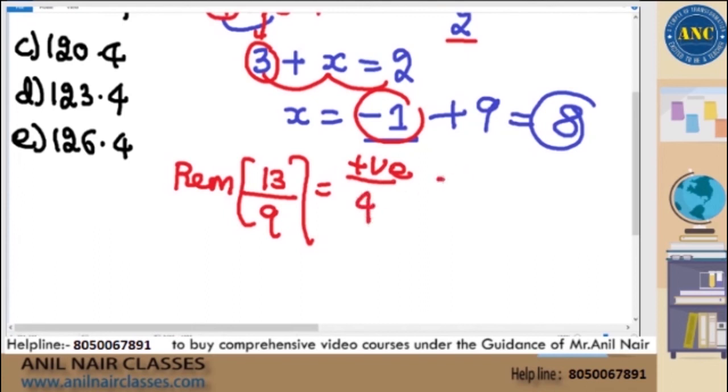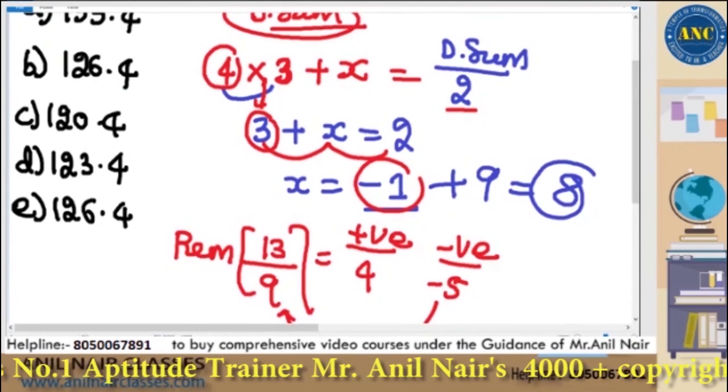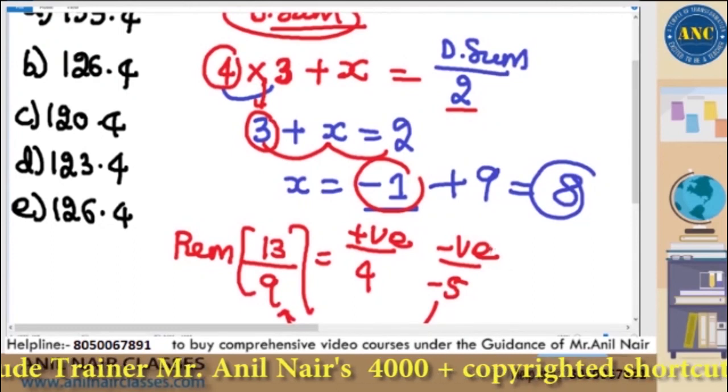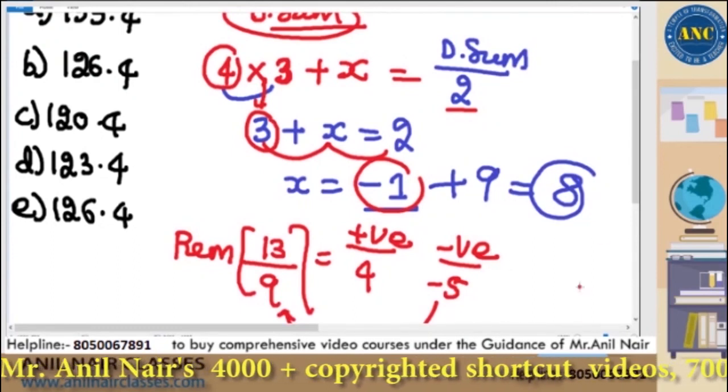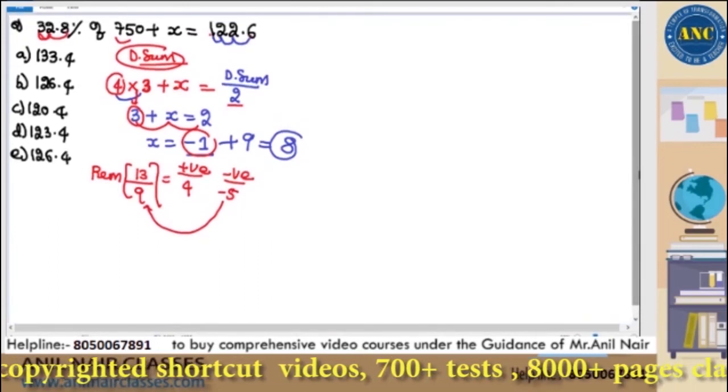Digital sum is 4. 9 twos are 18. Minus 5. Whenever you get a negative remainder, add with the denominator. 9 minus 5 is 5. Whenever you get a negative remainder, add with the denominator 5. I think many are listening to the class for the first time. Right?